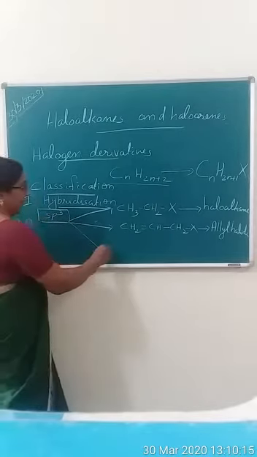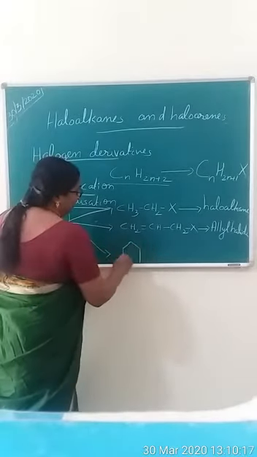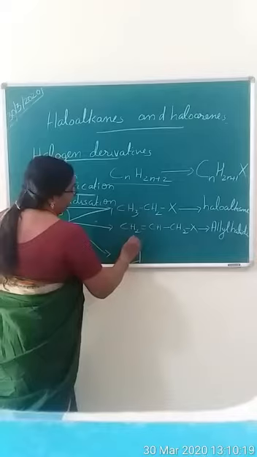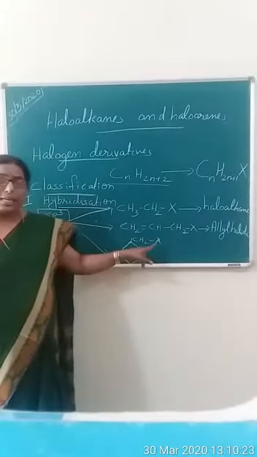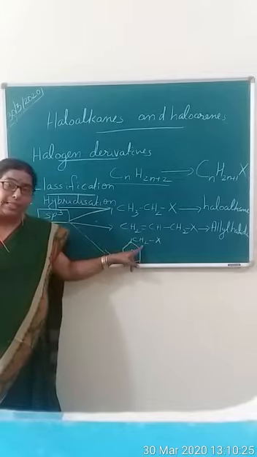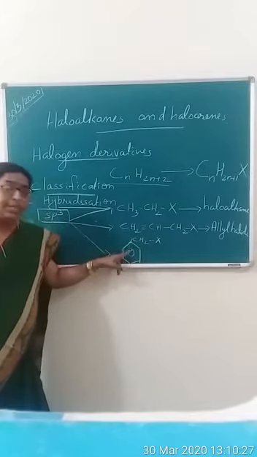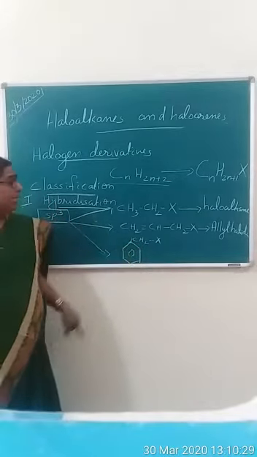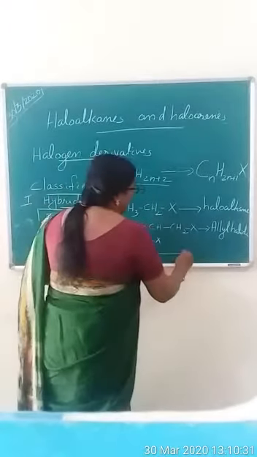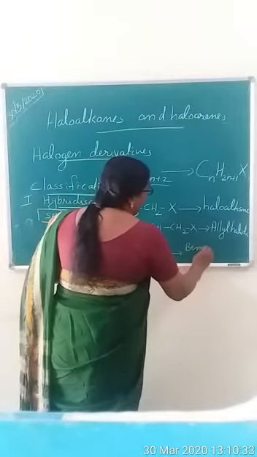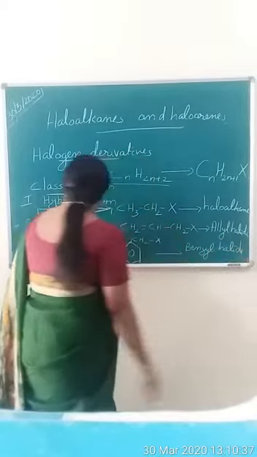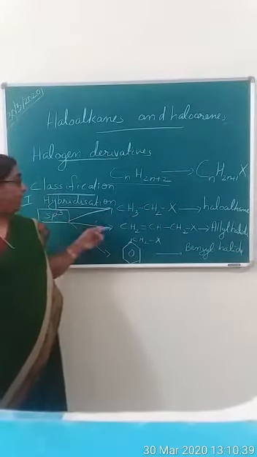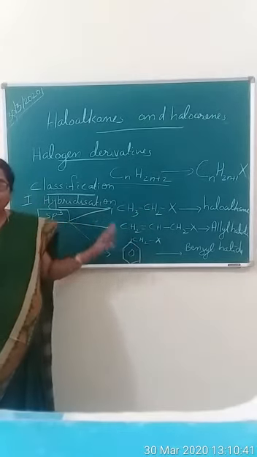And the third type, we can consider another example. Again you see, here the halogen is attached to sp3 hybridized carbon which is adjacent to a benzene ring. This type of halogen derivative is termed as benzyl halide. Is it clear? So, on the basis of sp3 hybridized carbon, we classify halogen derivatives into three types.